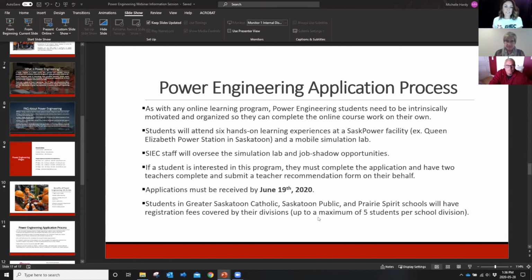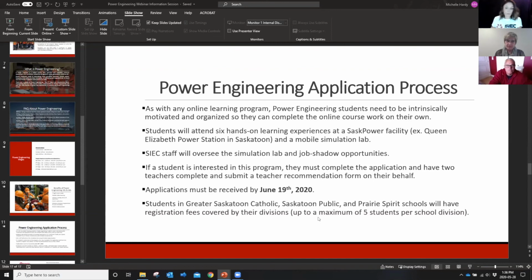But because the school divisions are covering the admission fee to these classes, we do go through the application process. And I know last year was very competitive, especially in Saskatoon public schools. We had well over 10 students apply. So the application is very important.